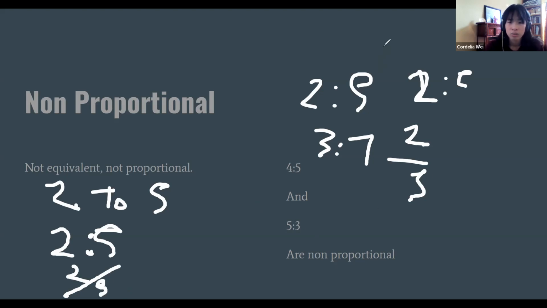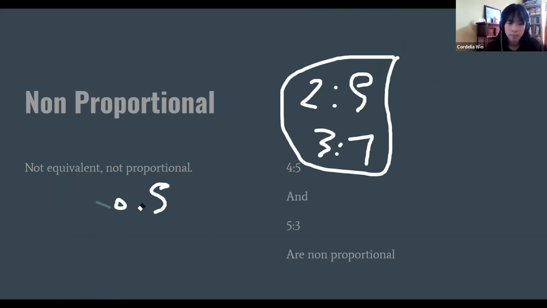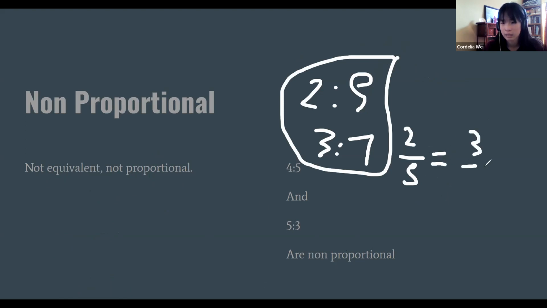So this is where cross products come in handy, and this is your ratios. I'm going to erase everything else so I can have room. So we have 2 over 5. I'm just going to write this equal sign so it makes everything easier. It doesn't mean that it's equal.